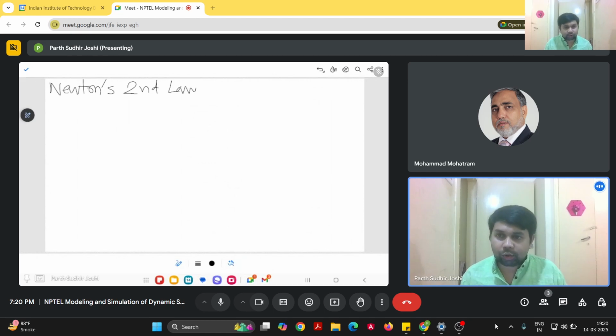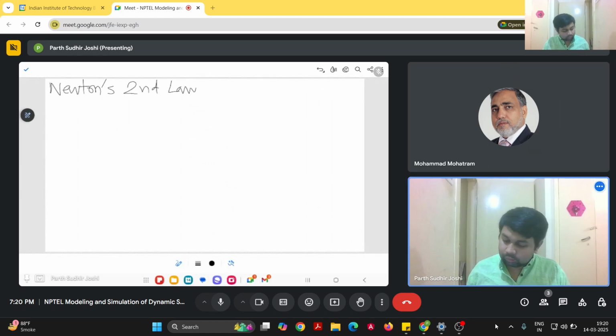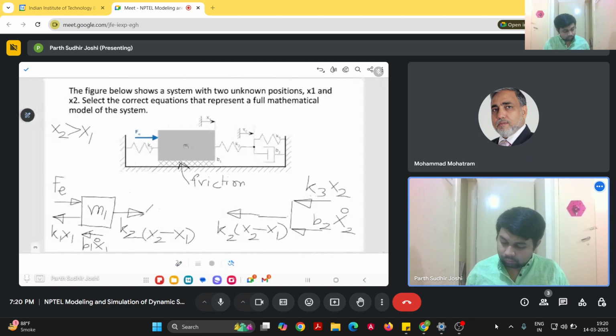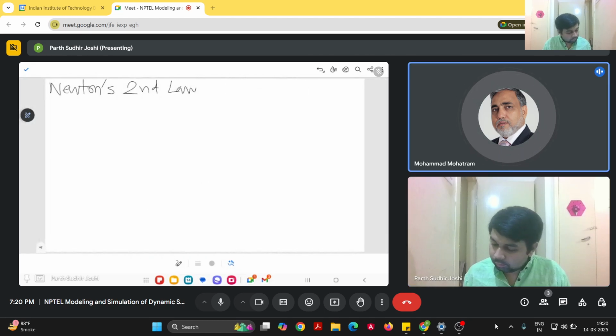So we'll apply Newton's second law, and we'll write the sum of the net forces would be Fe minus k1 x1 minus b1 x1 dot plus k2 times (x2 minus x1).